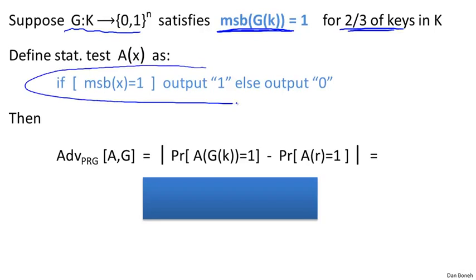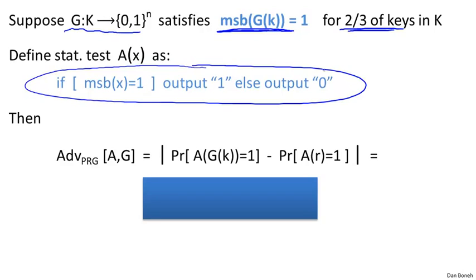If the most significant bit of the string you gave me is 1, I'm going to say 1, meaning I think it's random. If the most significant bit is not 1, namely 0, I'm going to say 0. So now my question to you is, what is the advantage of this statistical test on the generator G?